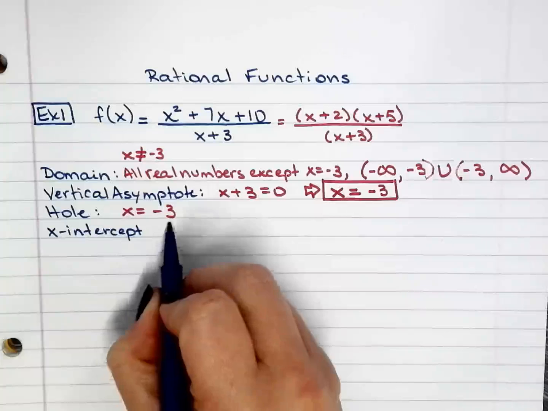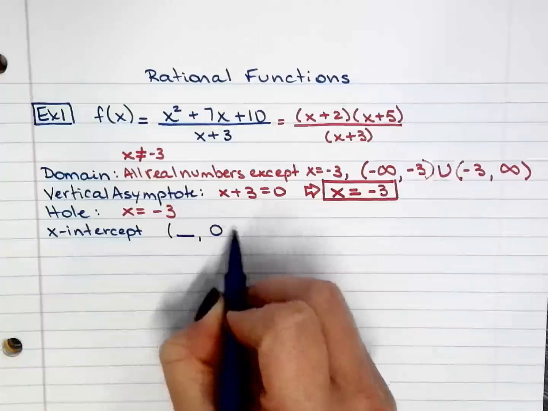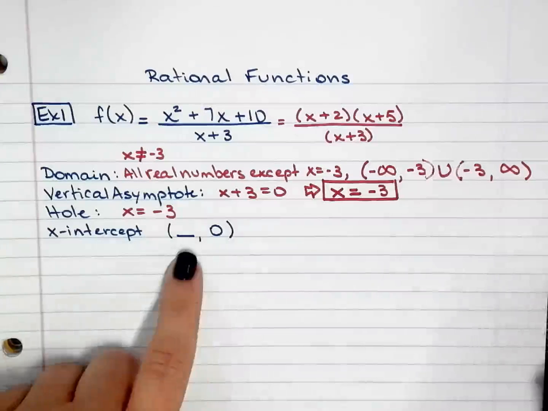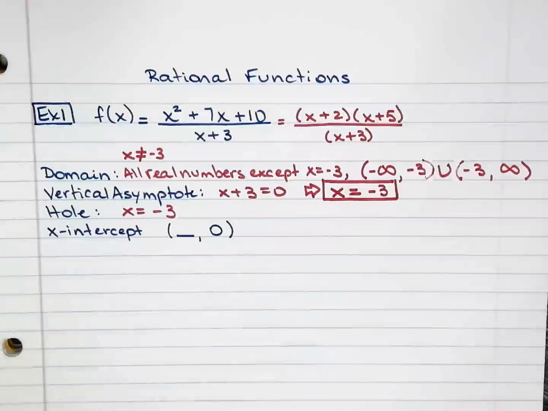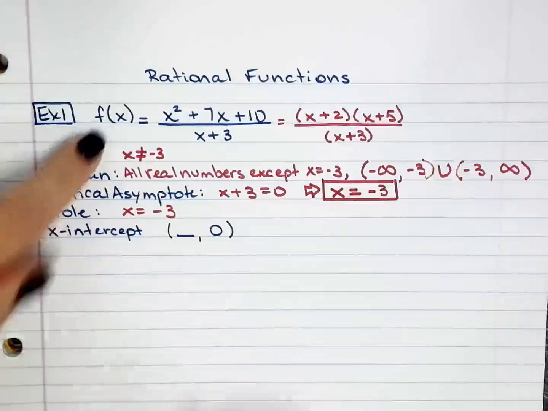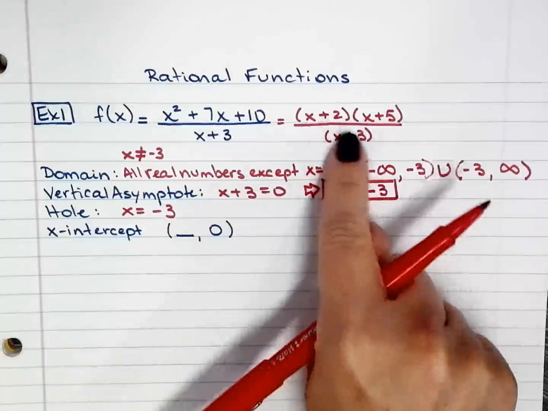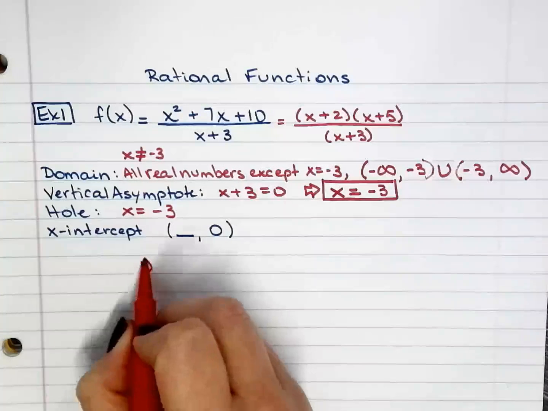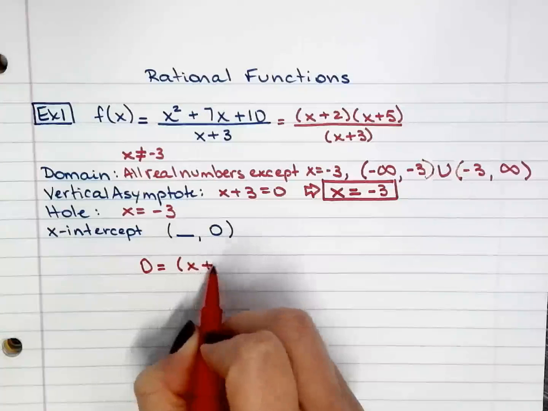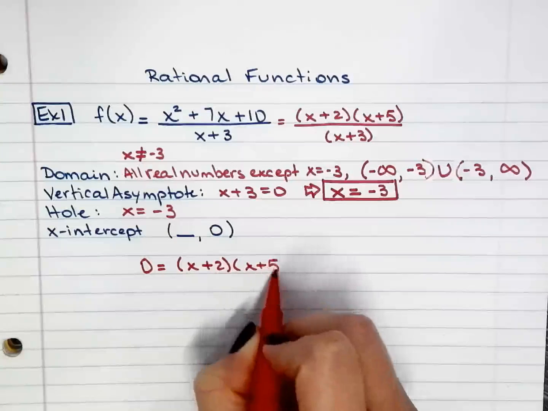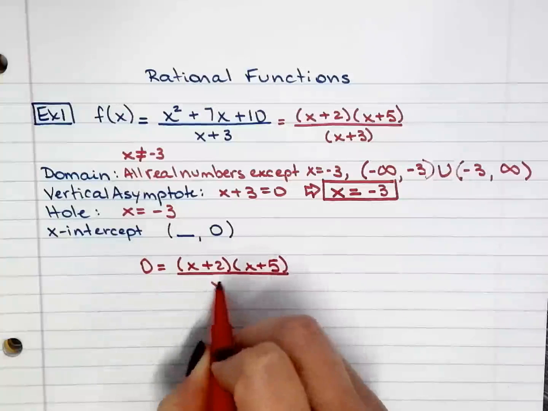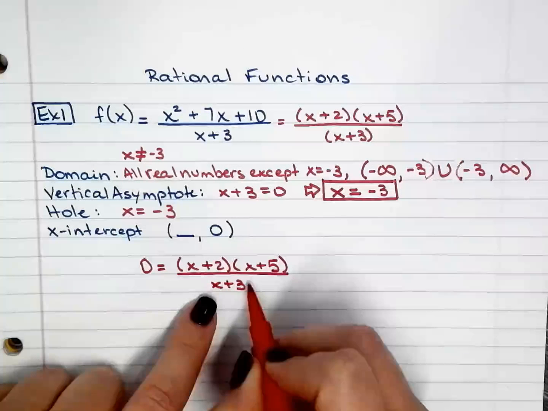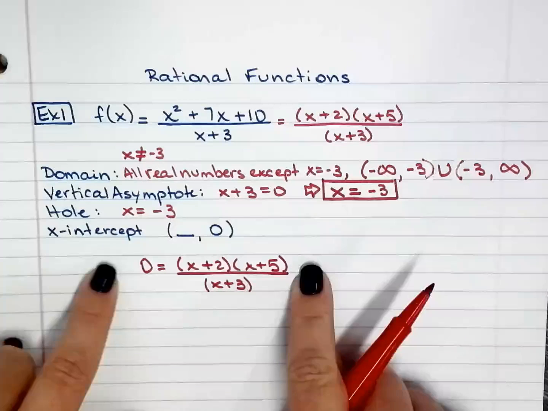So for the x-intercept, you're going to have a number for x, y is 0. I'm going to do it by hand just because that's what we do. So if y is 0, I'll make that equal to 0, and I will use the factored way just because it's halfway done for me. So for me to find the x-intercept, y is 0. So I have x plus 2, x plus 5, everything over x plus 3. So at this point, I multiply both sides by x plus 3.